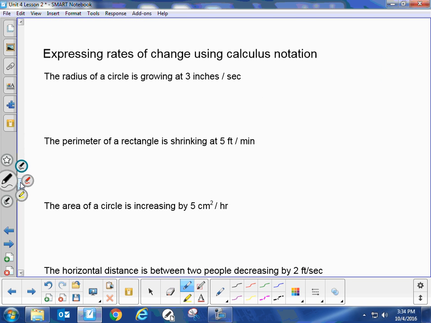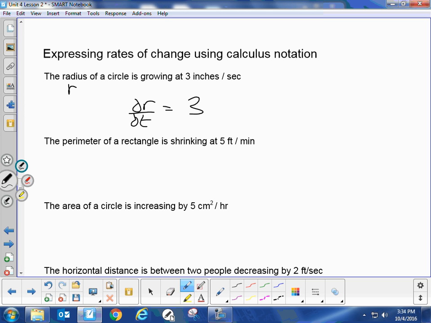Quick, to be able, given a word problem, to express things using this calculus notation of changing rates. So in a question, it might be stated, the radius of a circle is growing at 3 inches per second. Well, if you're using r for radius, you would say that the rate that the radius is increasing with respect to time, dr dt, equals 3.